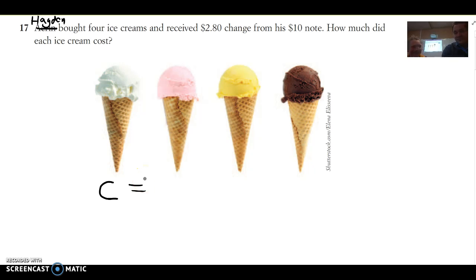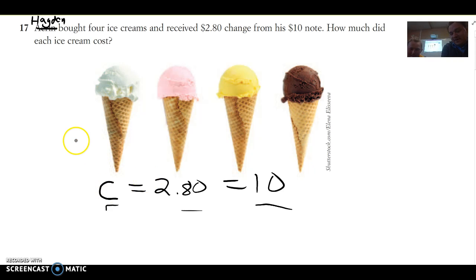Equals 10. That's not quite right though, Hayden. Because the way you said it, the ice cream costs $2.80, which equals 10. Does $2.80 equal 10? No. So that's not quite the equation we want.